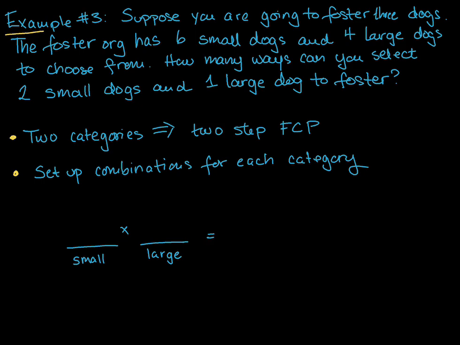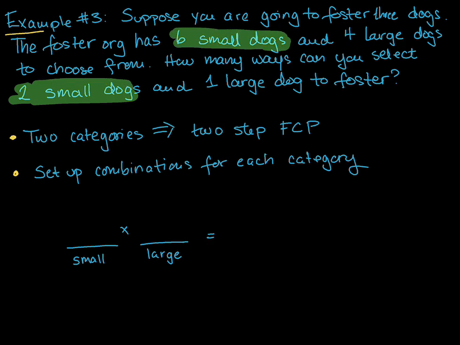So we are choosing 2 small dogs. There's 6 small dogs to choose from. And then out of the 4 large dogs, we're going to choose 1 large dog.